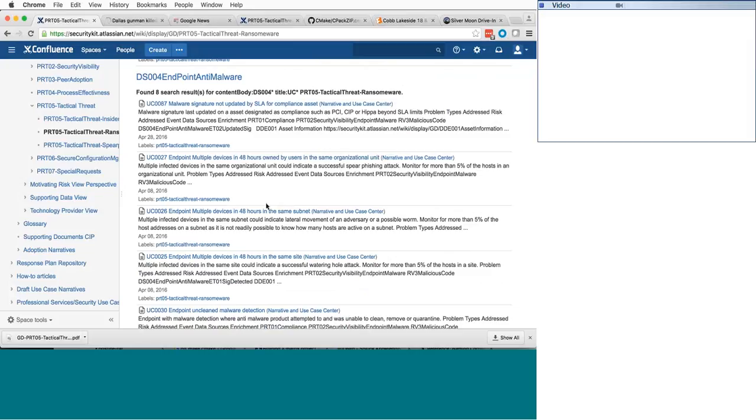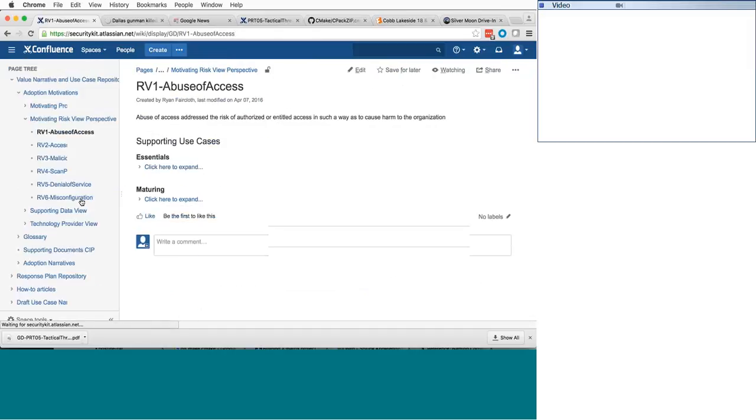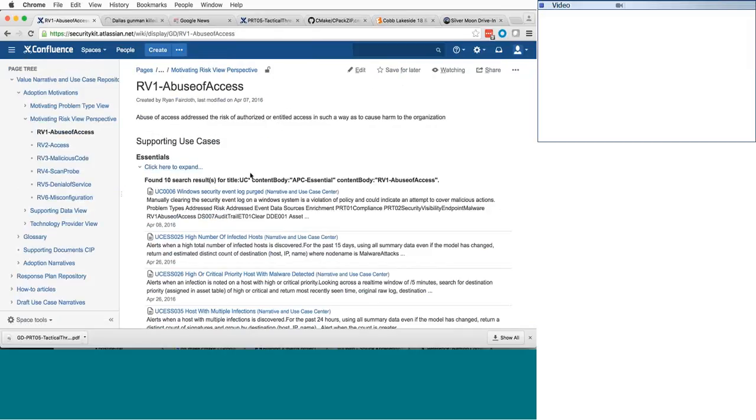We talk about risk-based adoption as well. For example, the risk of malicious code, the risk of scanning, the risk of denial of service, risks of misconfiguration, abuse of access, and then what use cases could you pivot to address those kinds of concerns. So that's the use case repository in a nutshell, and we would be happy to dig into it further.